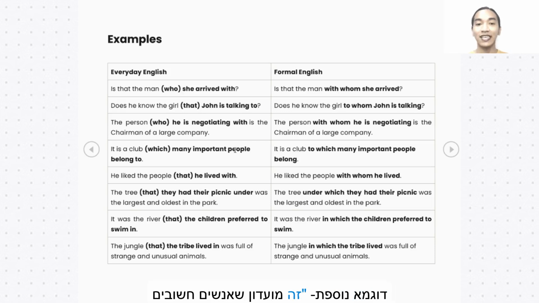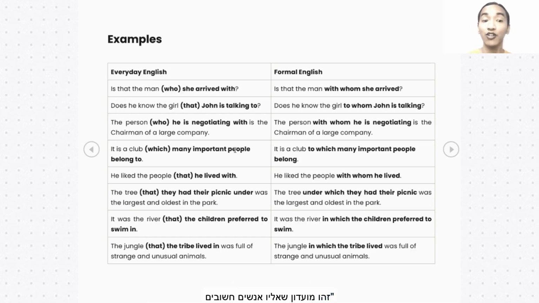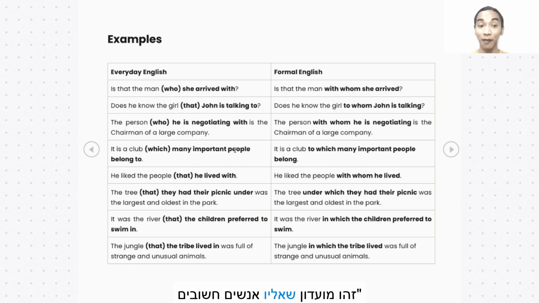It is a club which many important people belong to. It is a club to which many important people belong. Next, he liked the people he lived with. He liked the people with whom he lived. The tree they had their picnic under was the largest and the oldest in the park.